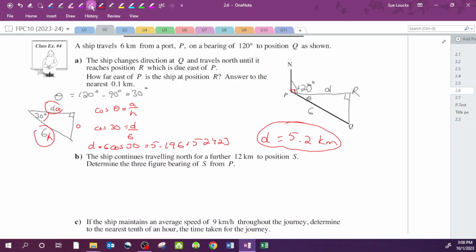So I'm going to do this in a different color on my diagram so that I know that this is part B. So I'm just going to go up here. This is 12 and it's going to point S. And now I want the bearing from S to P. Oops, that's not a very good line.